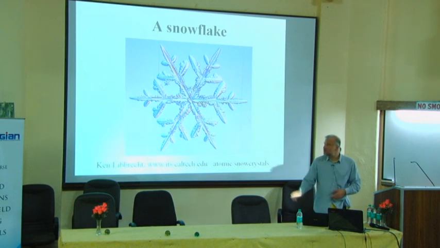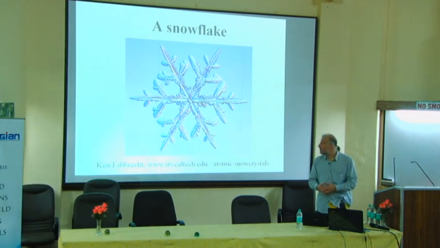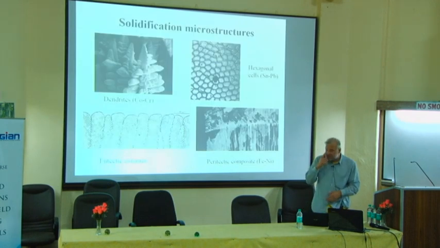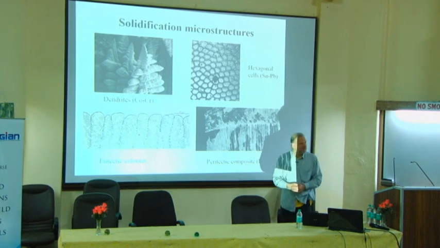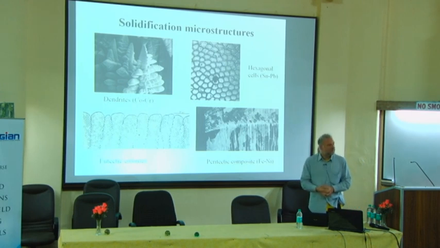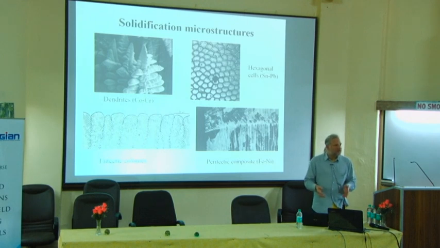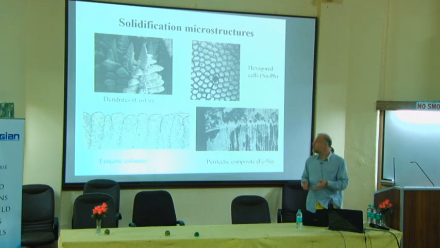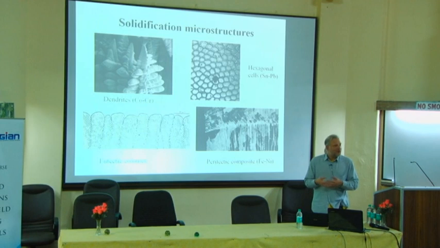On the other hand, a snowflake is one example of what is called a solidification microstructure, and these have plenty of applications, because if you go to metallurgy and look at metallic alloys, that is mixtures of various metals, when you solidify them, you all know that the resulting material is not homogeneous. It presents a microstructure. This microstructure can just be polycrystalline, that is, the solid can be composed of several grains. It can also consist of several phases, and the geometrical arrangement of these different phases is called a microstructure.